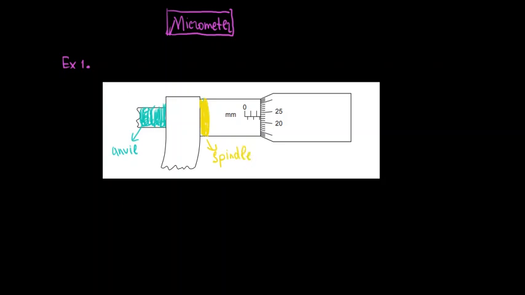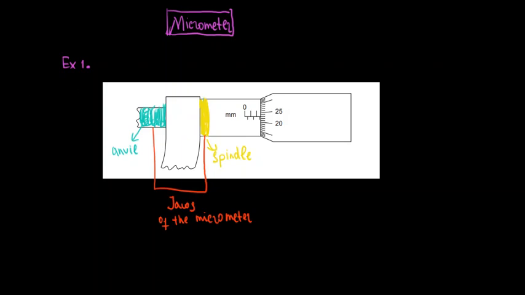You can call them together the jaws. This anvil and spindle are also called the jaws of the micrometer. So we have an object between the anvil and spindle. What we have to do is try to do our measurement as accurately as possible, like there's no error at all.